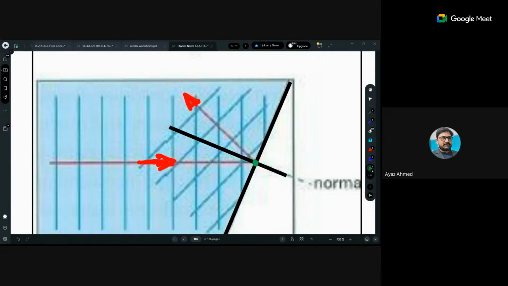This is the point where incident ray and normal and reflected ray, they all are going to have the intersection. So this is your incident ray. And this is your reflected ray.